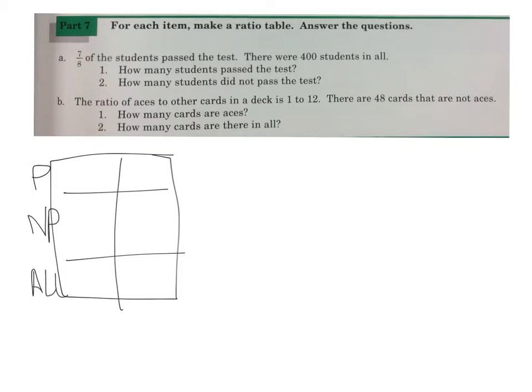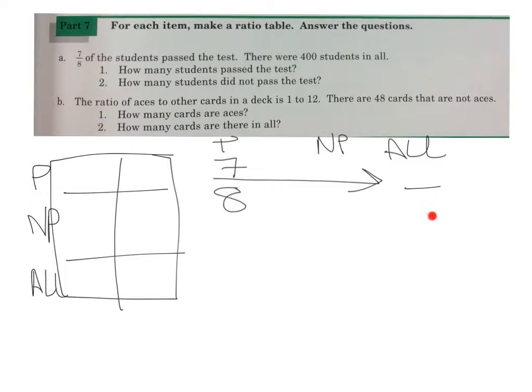So if I set up a fraction number family, because they gave us a fraction for students who passed, students who did not pass, and all students who took the test. So students who passed were 7/8. And I know that my all number has to equal a fraction of 1. So in a fraction number family, my bottom numbers have to match. So I know that my bottom number here has to be 8.